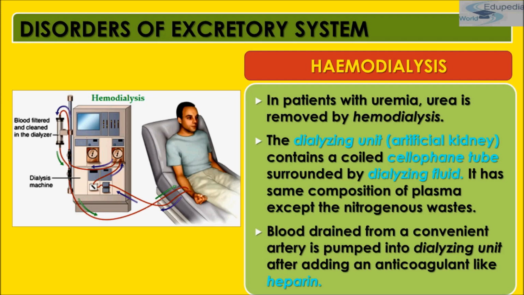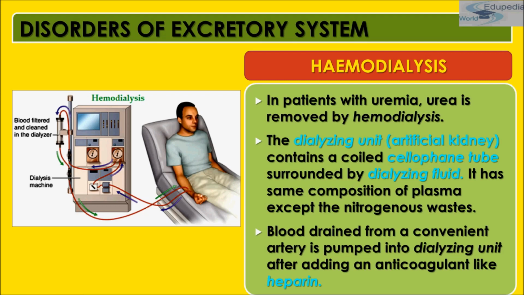The tubes or the channels are immersed in dialysing fluid. That means in this apparatus, dialysing fluid is filled, and the tubes are in it. The dialysing fluid contains some small molecules and ions but no nitrogenous compounds.